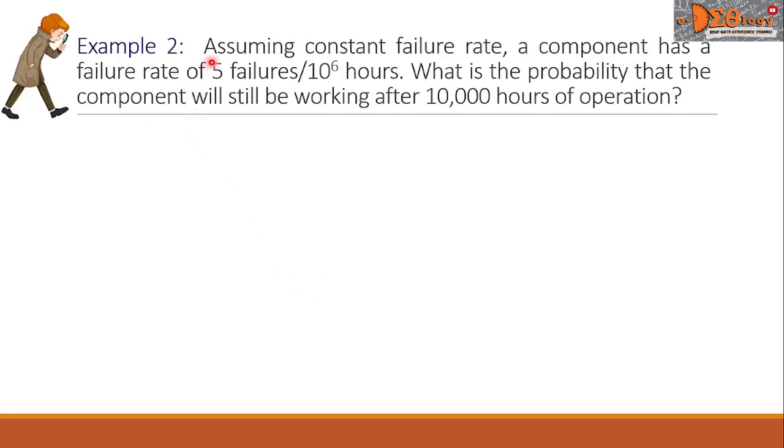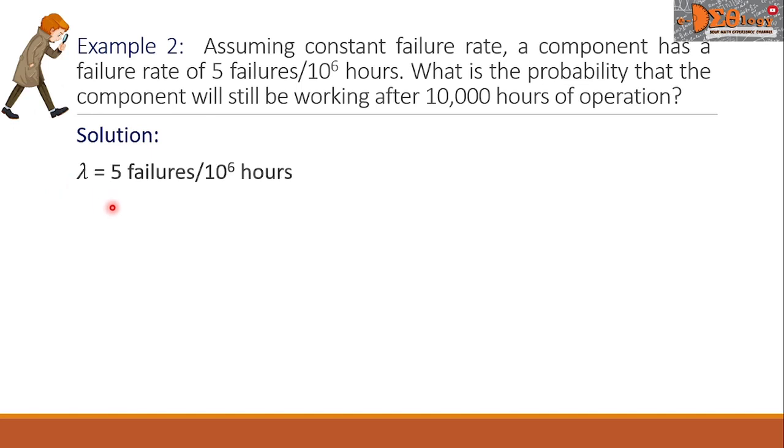Example 2. Assuming constant failure rate, a component has a failure rate of 5 failures per 10 raised to 6 hours. What is the probability that the component will still be working after 10,000 hours of operation?